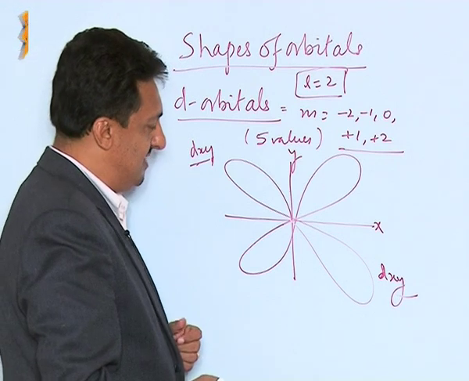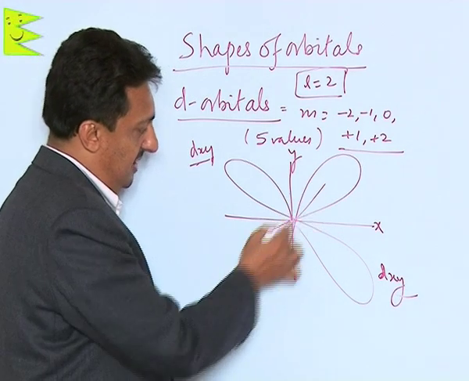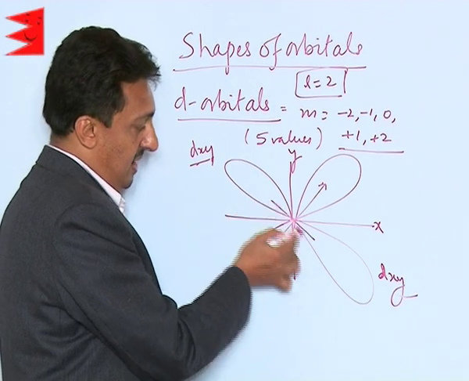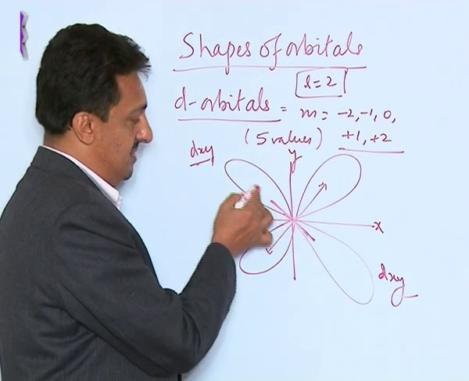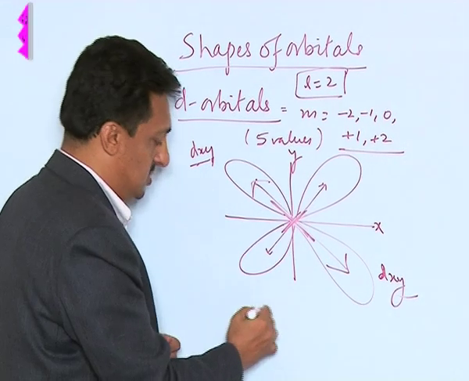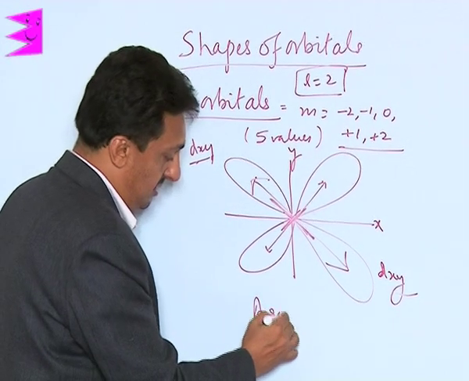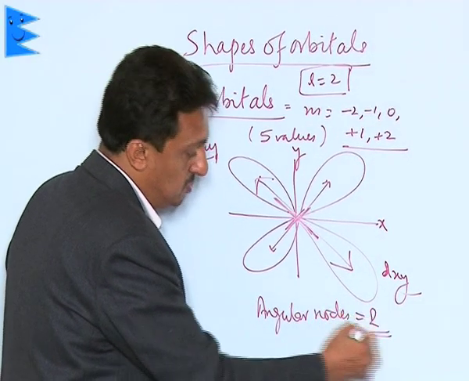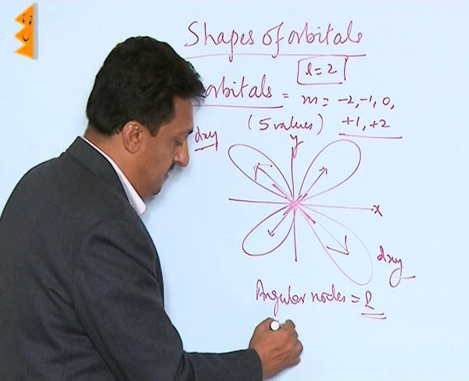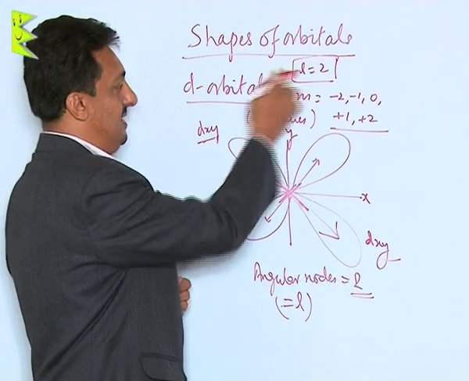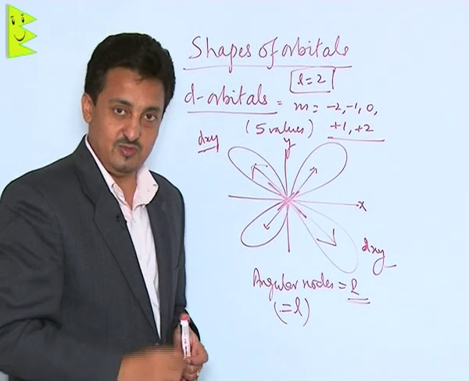From here we can easily make out the angular nodes: one along this side, and one along this side. So the angular nodes will be 2, because we know angular nodes are always equal to l, and l for d is 2. So there will be 2 angular nodes in this case.